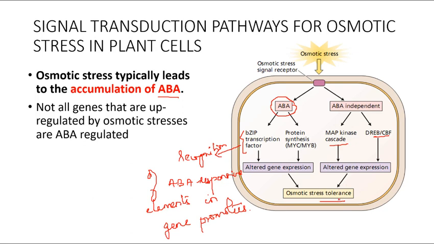So these are the pathways which help in osmotic stress tolerance. One will be the ABA dependent pathway, another will be the ABA independent pathway. In the ABA dependent pathway, MYC and MYB proteins are synthesized and BZIP transcription factors are activated. Okay, the BZIP transcription factor recognizes the ABA responsive elements in the gene promoter.